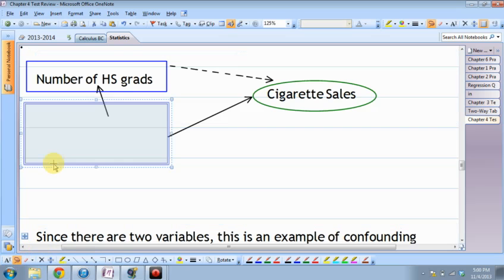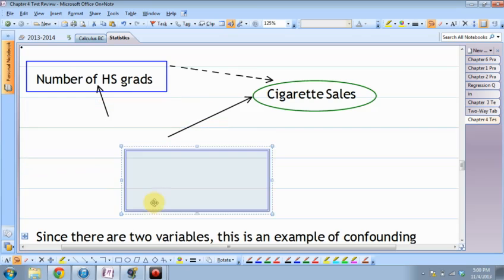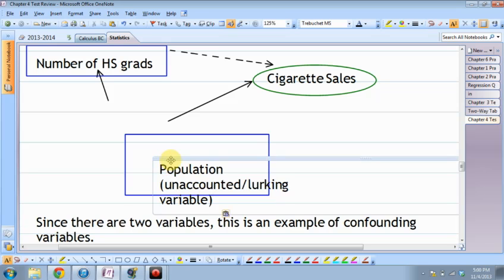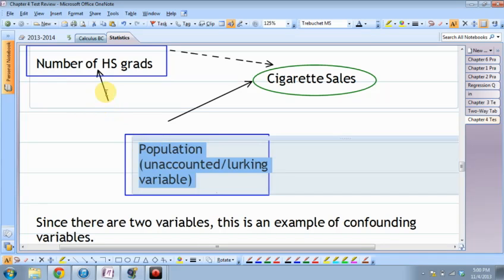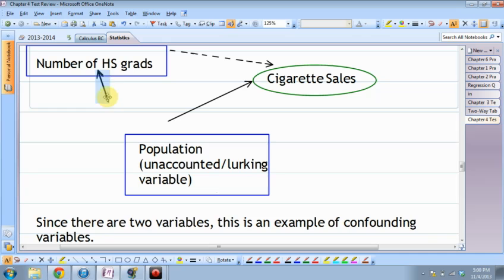Let's move this down here. That goes in there. This arrow does that. This arrow does that. That's great. That's perfect. Okay.